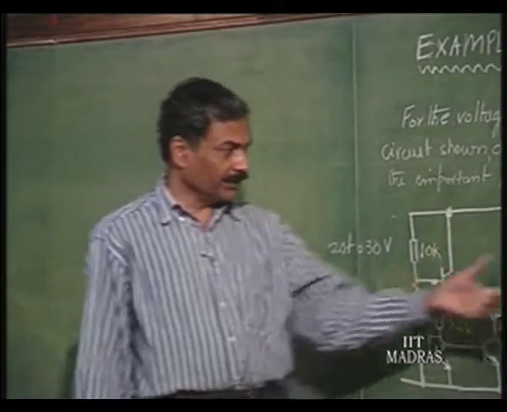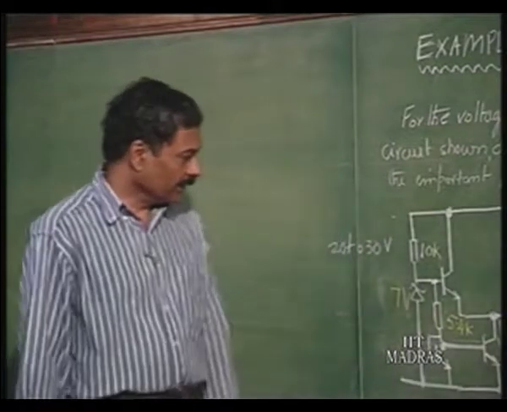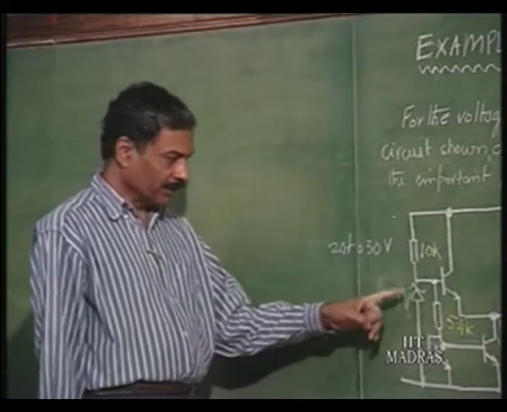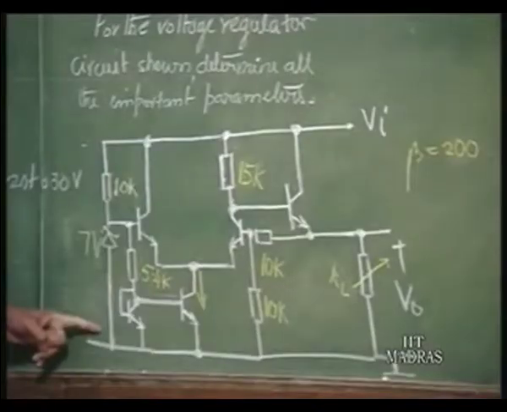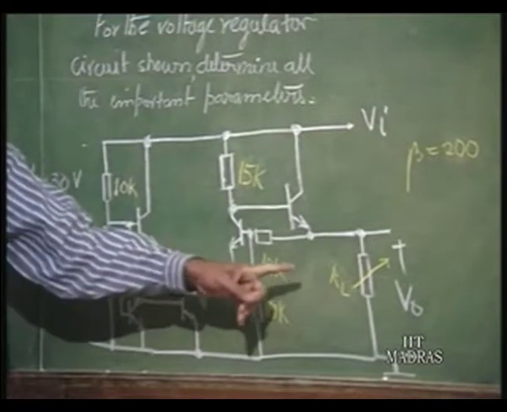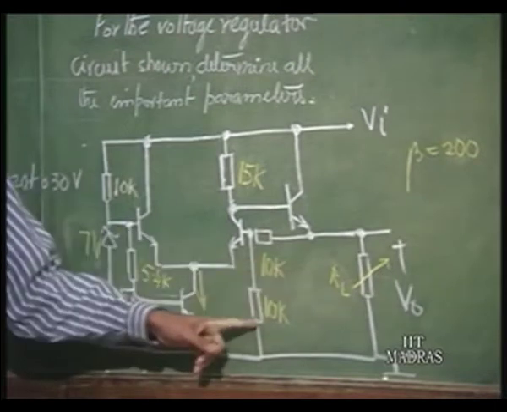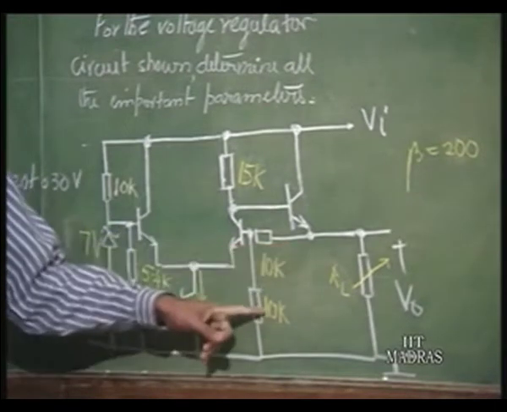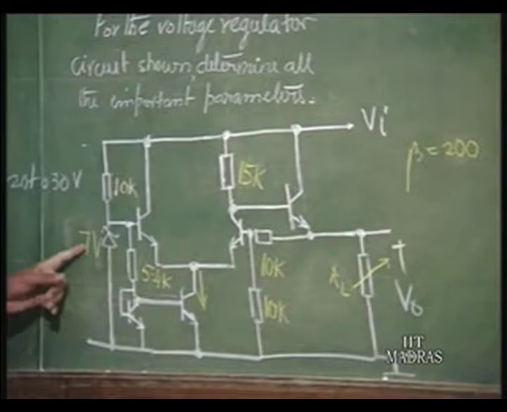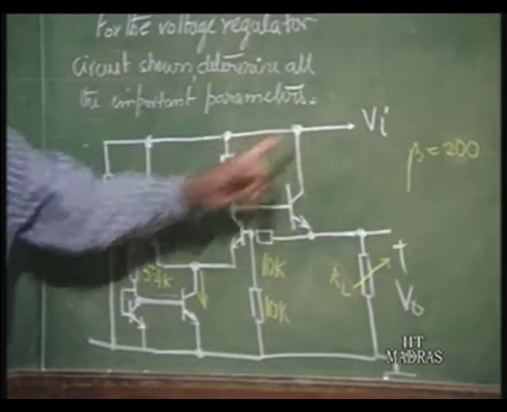You want a regulated supply voltage of let us say in this case 14 volts because Vz is 7 volts and R2 is taken as equal to R1, 10k, 10k. So, 1 plus R2 over R1 is 2. So, 2 times 7 volts is the output voltage.